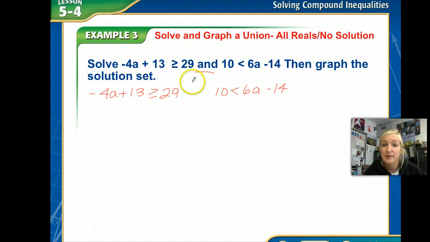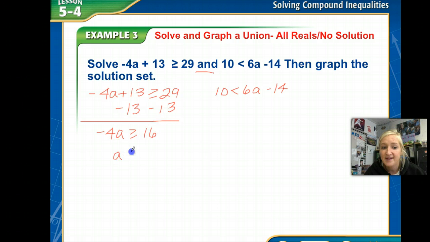And if you remember from the beginning of the lesson, ands are intersections and they're supposed to meet in the middle. So let's take a look, because unions use the word or, not and.